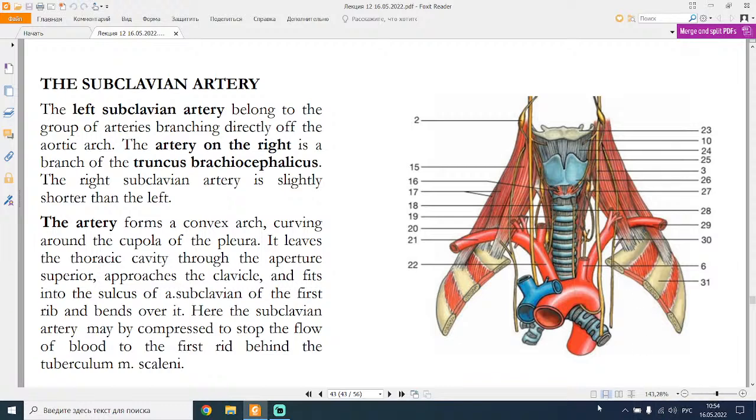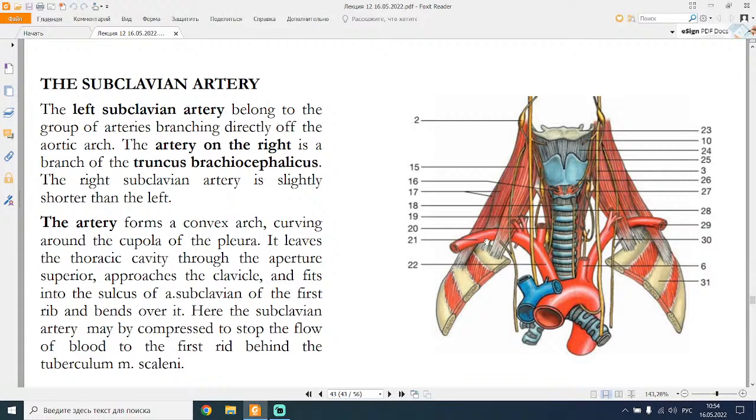It leaves the thoracic cavity through the aperture superior, approaches the clavicle, and fits into the sulcus of arteria subclavia of the first rib and bends over it.